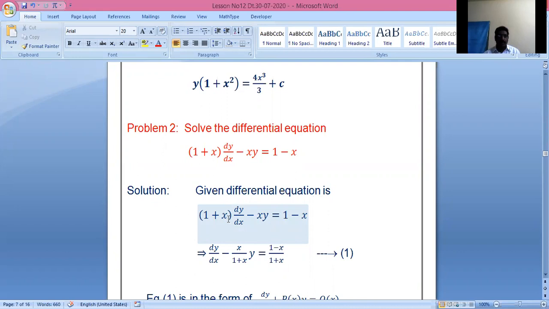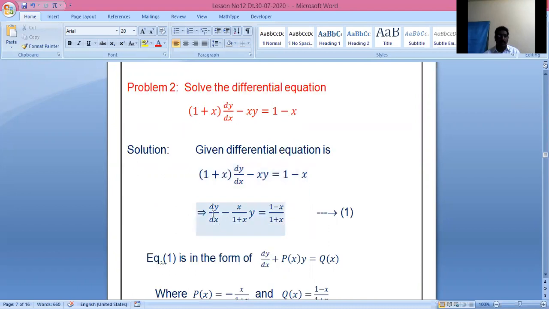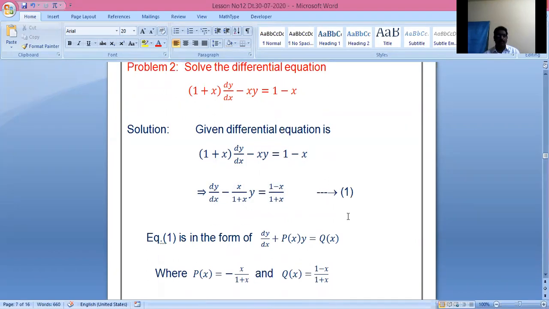By dividing by the coefficient of dy by dx, that is 1 plus x, we get dy by dx minus x by (1 plus x) into y is equal to (1 minus x) by (1 plus x). Let this be equation 1.